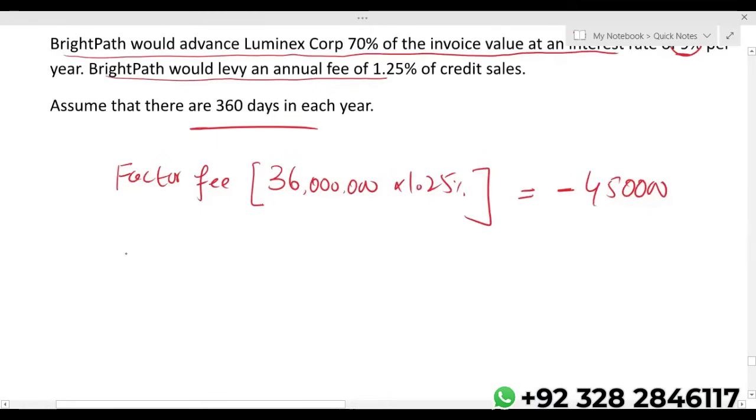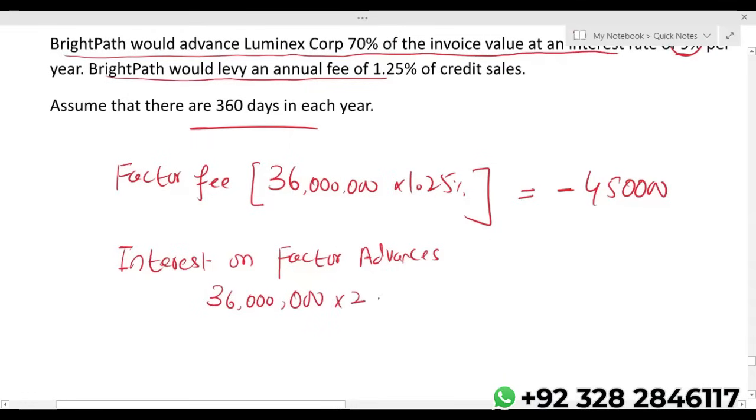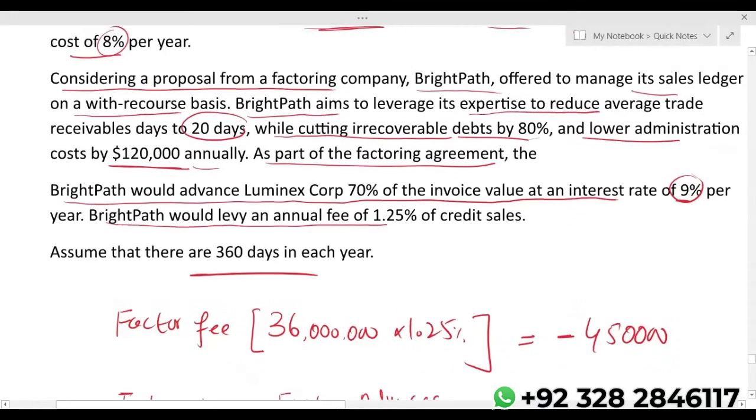Now, interest on factor advances, 36 million. Your new collection period is 20 days, out of 360.